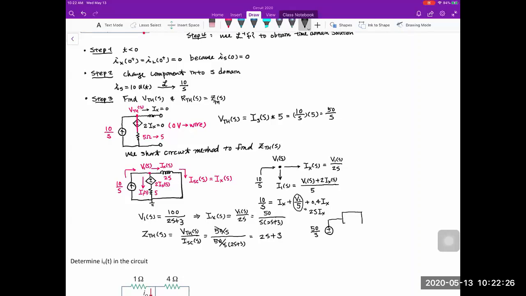This impedance is 2S plus 3, and that goes to your load. The load on the right-hand side is this one here, and this load is 5 ohms. And you want to find out what is this one here.